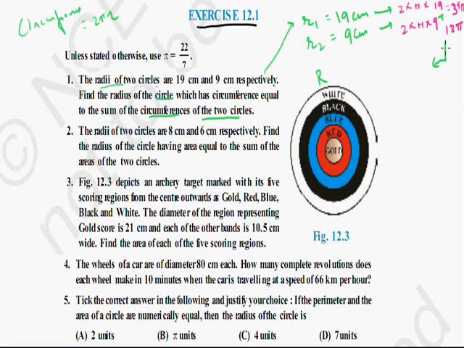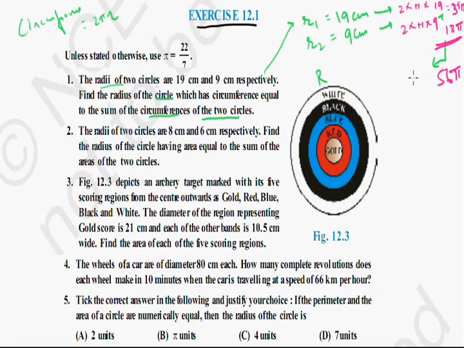Now when I add these two quantities, because the third circumference is equal to the sum of the circumferences of the first two circles, 38 plus 18, the sum here is 56 pi.